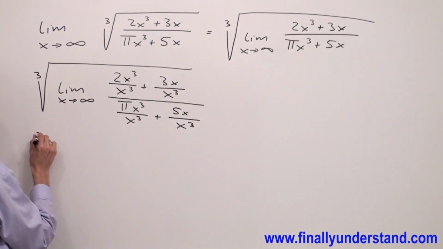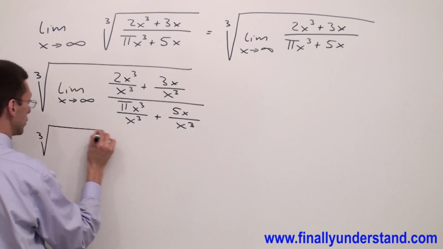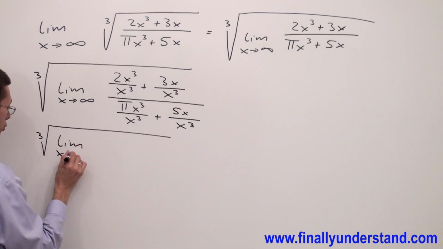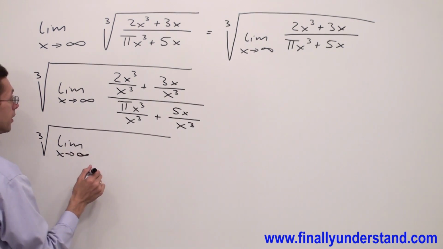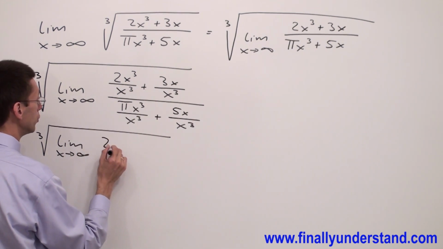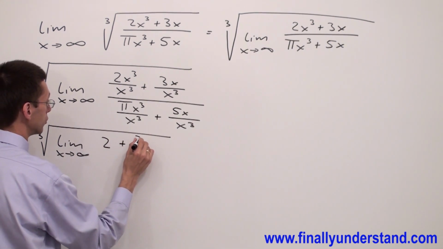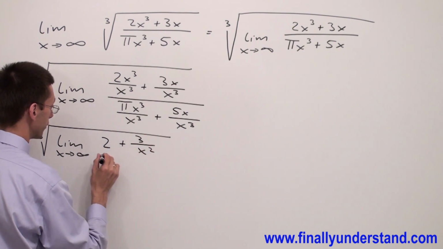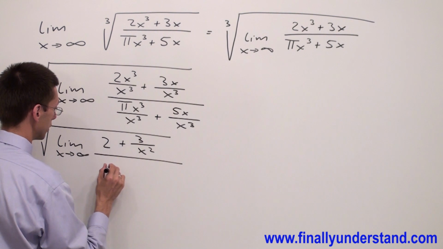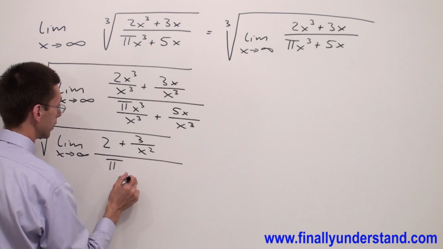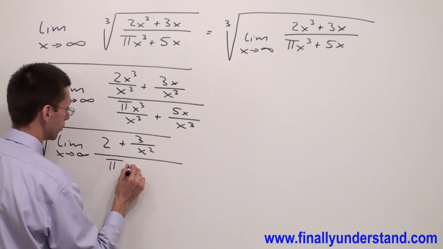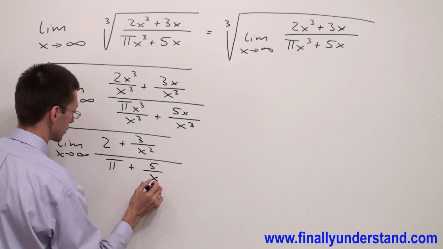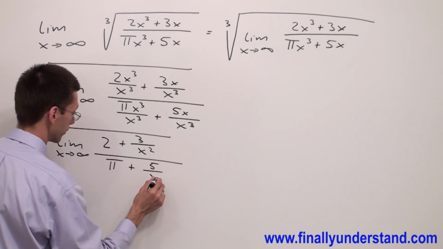I'm going to have cube root and I have limit with x going to infinity, and I have 2 plus 3 over x squared, over pi plus 5 over x squared.